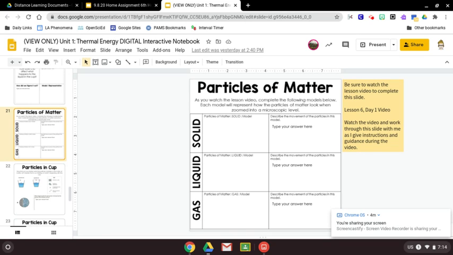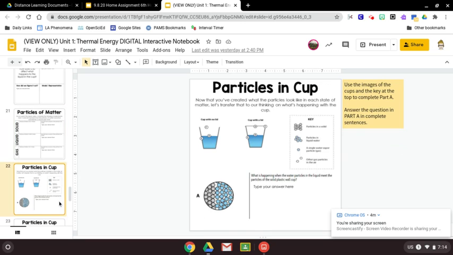All right, now that you have your particles of matter down, let's go on to slide 22. So now that you've created those models, we want to look at each state of matter. Let's transfer that to our thinking on what's happening with the cup. We have a cup with no lid here and a cup with a lid and a key. So they gave us a key as to what each type of particle looks like.